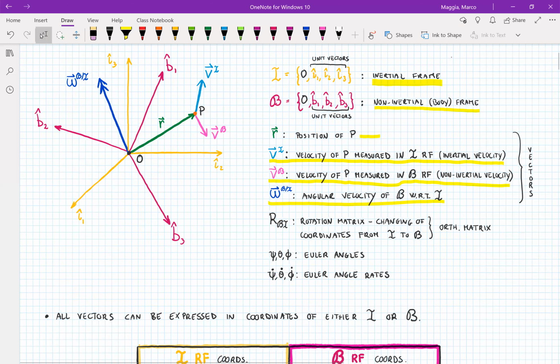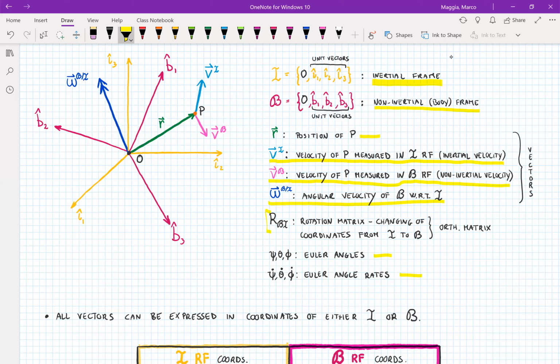Then we've seen the rotation matrix, which allows us to rotate from one coordinate, from one reference to another. It can be interpreted also as a change of coordinates. And then we have the Euler angles and the Euler angle rates.